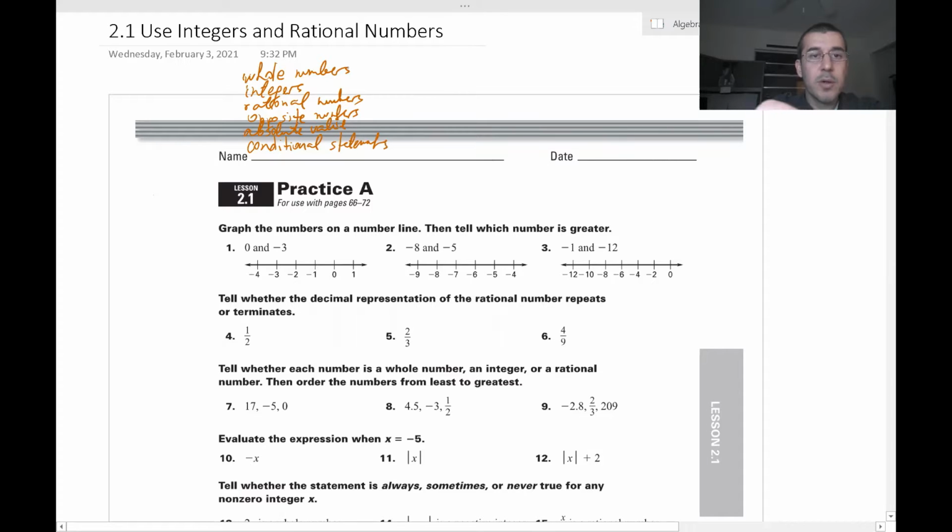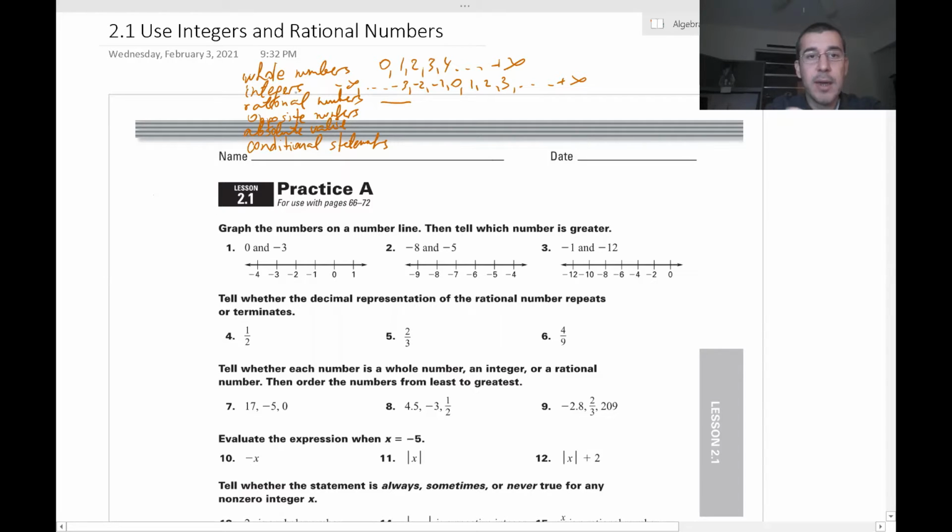Okay, so what are whole numbers? 0, 1, 2, 3, 4, and so on to plus infinity. Integers are negative infinity all the way to -3, -2, -1, 0, 1, 2, 3, plus infinity. Rational numbers are the quotient of two integers.